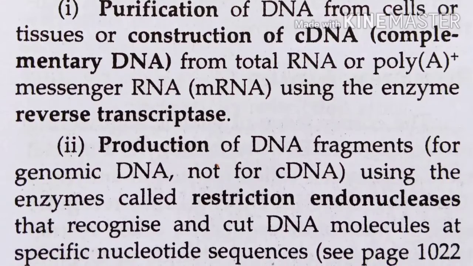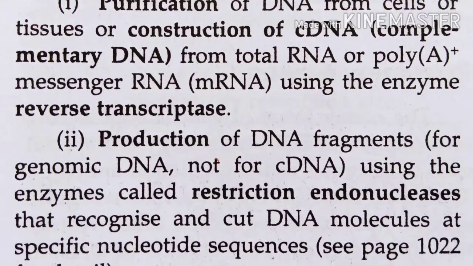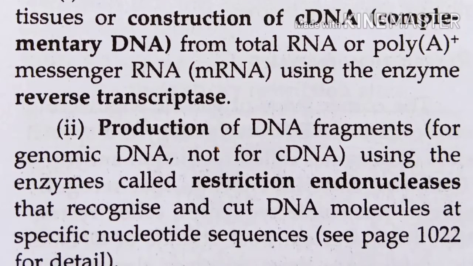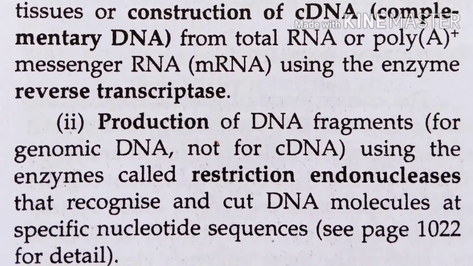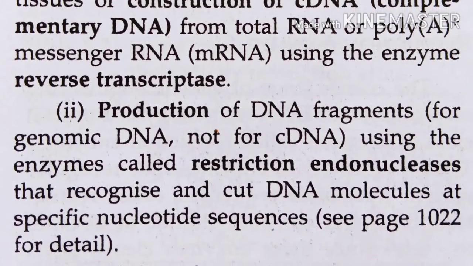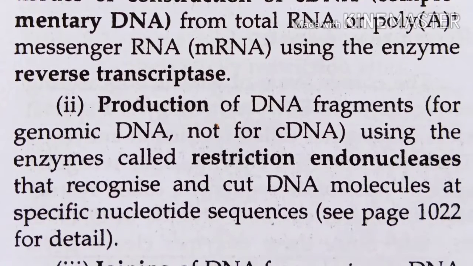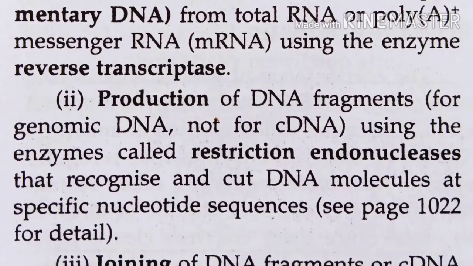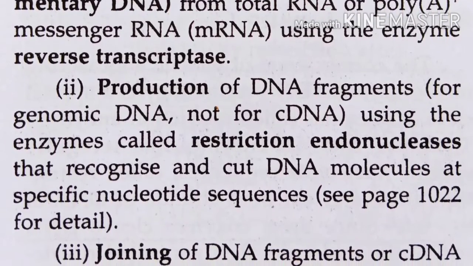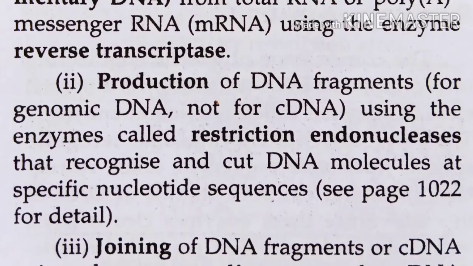Now the second step is production of DNA fragments, for genomic DNA only, using the enzyme called restriction endonuclease that recognizes and cuts the DNA molecule at specific nucleotide sequences.